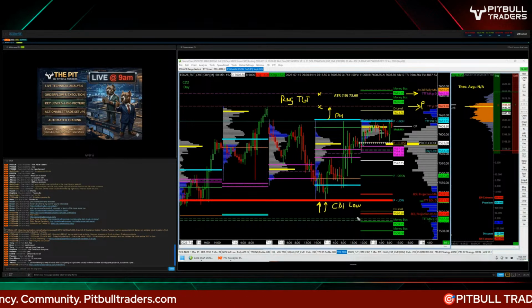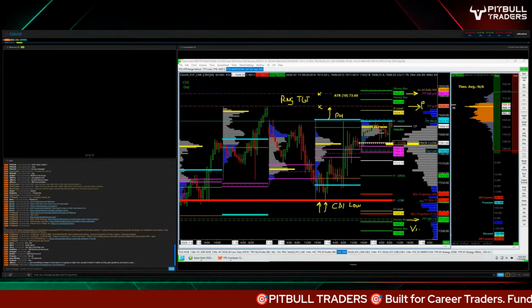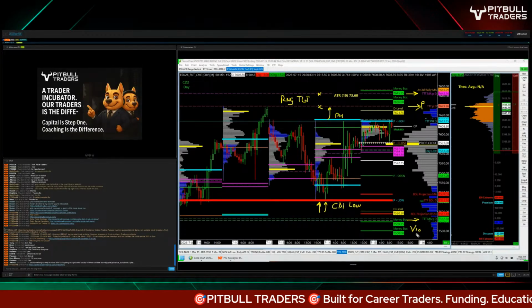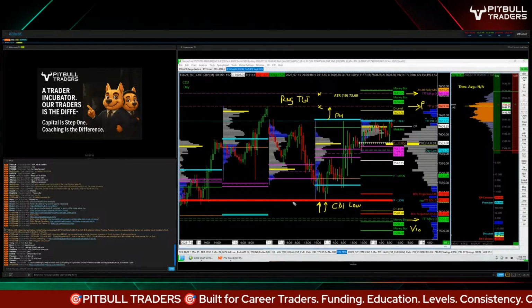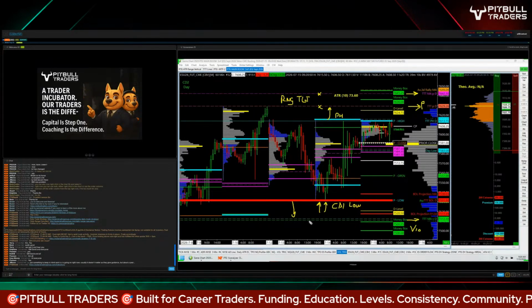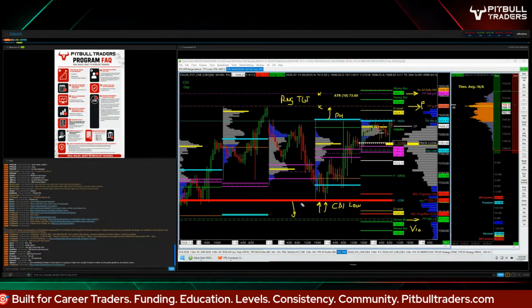And then vice versa to the downside, we have what are referred to as violation levels. Basically a similar calculation, but to the downside. So they're range targets should the price violate the prior session's low.